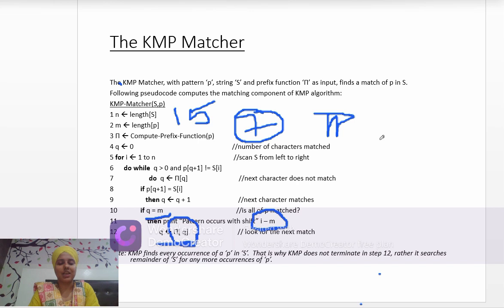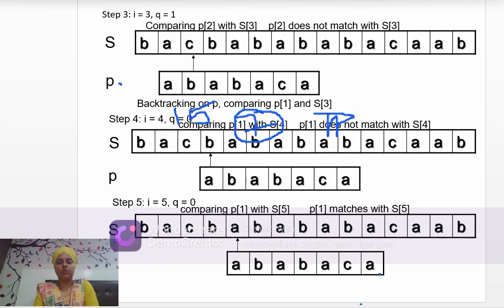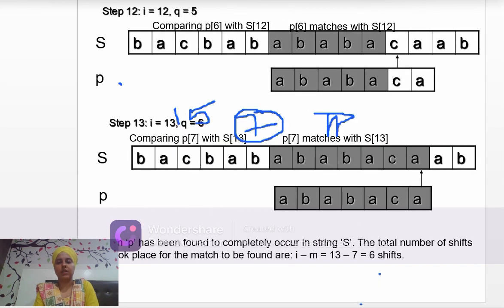This is when we reach the end of the pattern. In that case q is equal to the prefix of q. From that particular last value, we will be finding the next match.